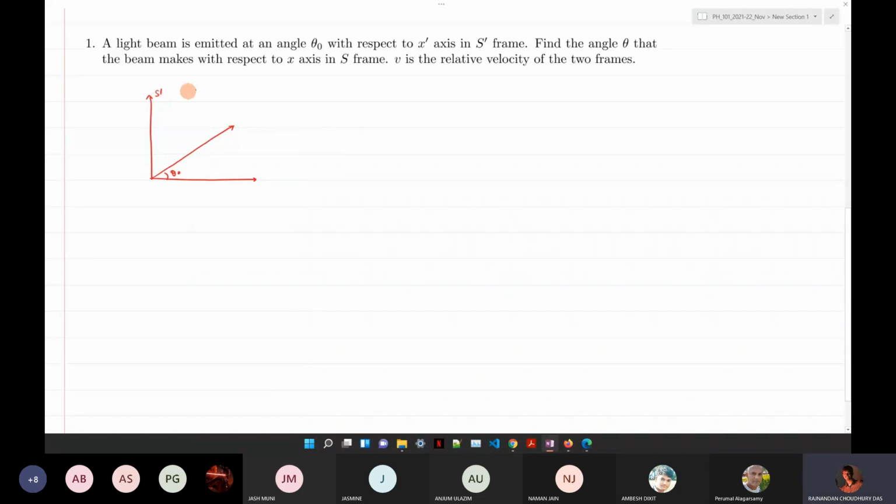Now, what will be the angle made by this beam in the S frame? Like this stationary frame, this S prime was moving with some speed v with respect to the S frame, and we have to measure what will be this angle as observed from the S frame. The question is clear? Anyone having doubt in the question?